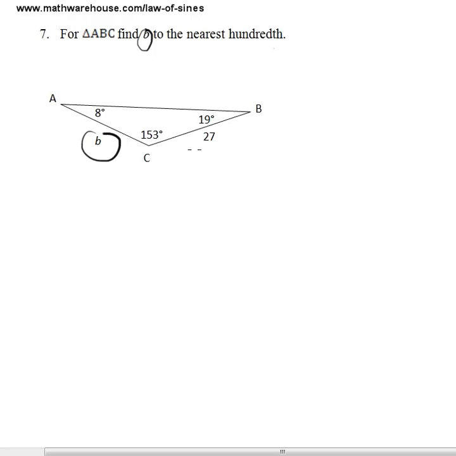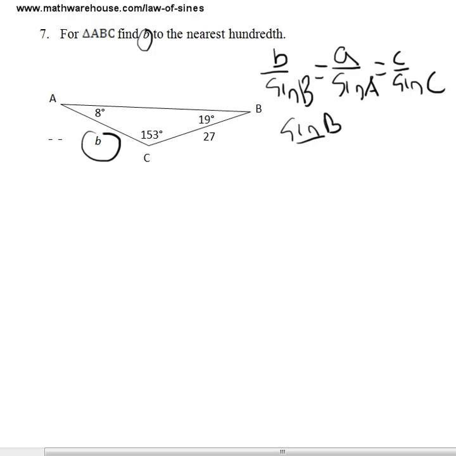So we can approach this problem by saying B over sine B equals A over sine A, or we could also use C over sine C, whichever ones we want. Or we could even put the sines on the top, right? Like if we wanted, we could say sine B over B equals sine A over A equals sine C over C. Any of these are going to work.